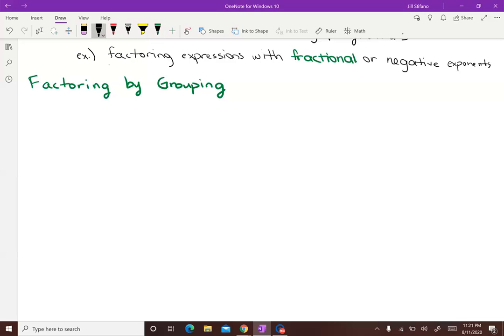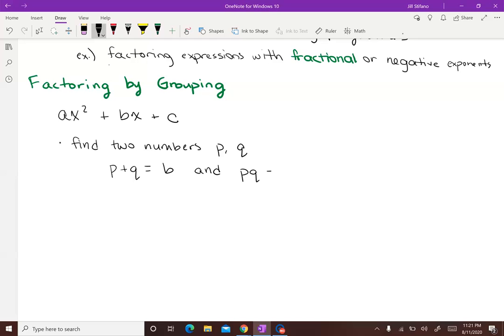So let's say we have a trinomial of the form ax squared plus bx plus c, and we want to factor this. The trick is to find two numbers. Let's call them P and Q, such that P plus Q equals B and P times Q is equal to A times C from our polynomial.